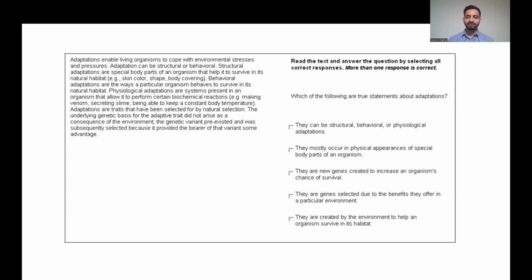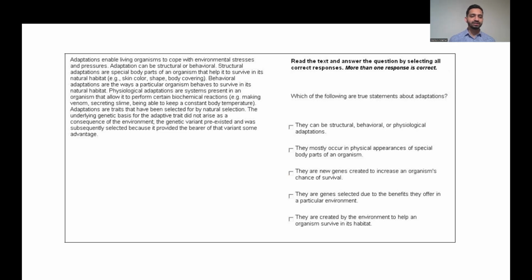So if I look at another option, option number 2, they mostly occur in physical appearances of special body parts of an organism. Physical appearances that help it survive in its habitat. I think that's not the case here. For example, skin color, shape, body covering, all of these things.